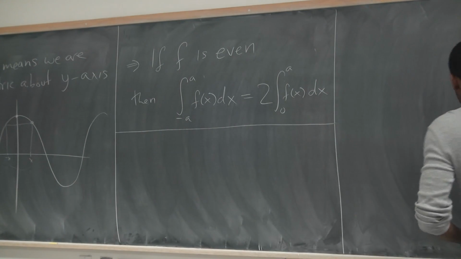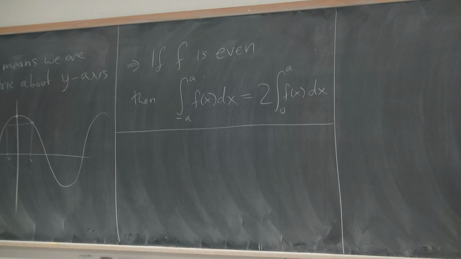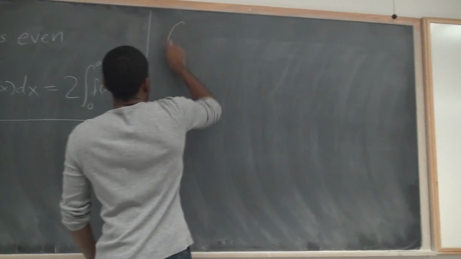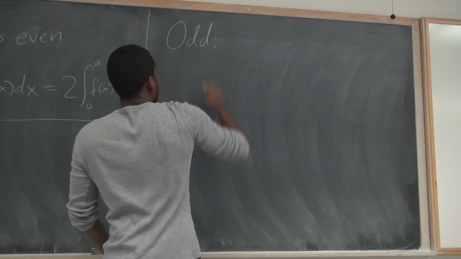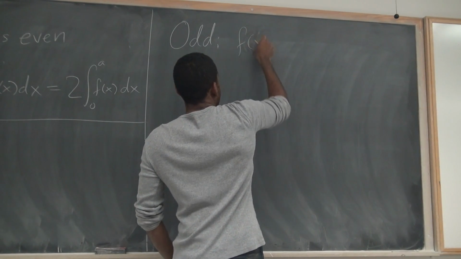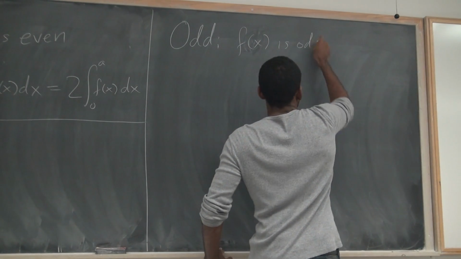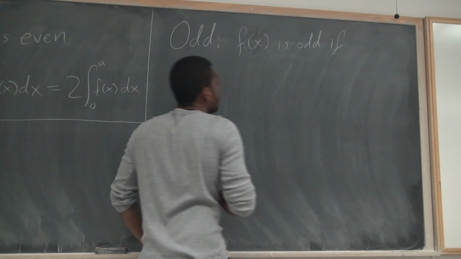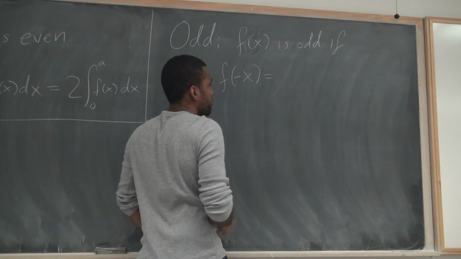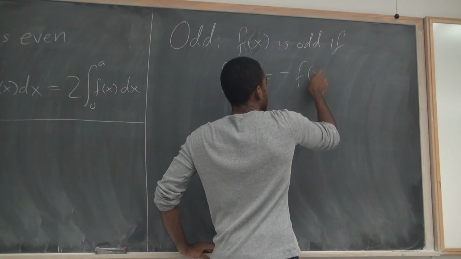Let's talk about odd functions. f of x is odd if f of minus x equals the negative of the original function.